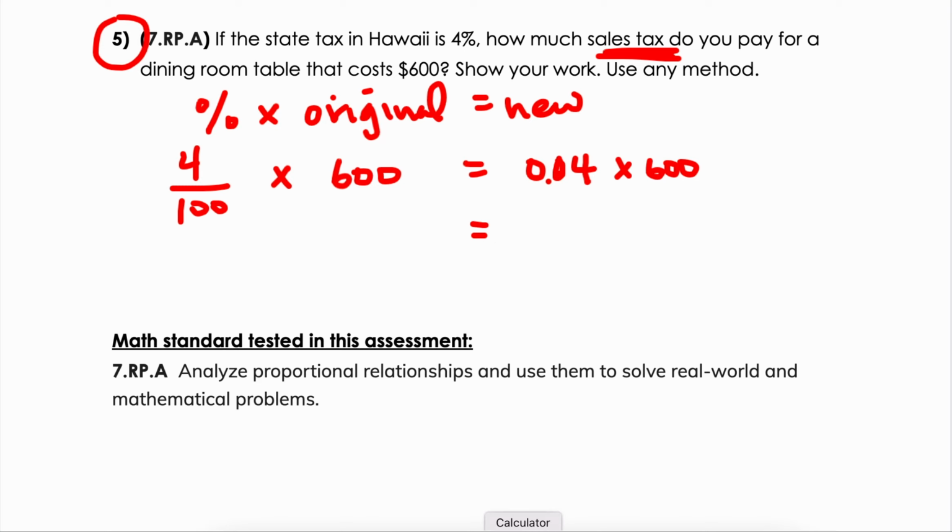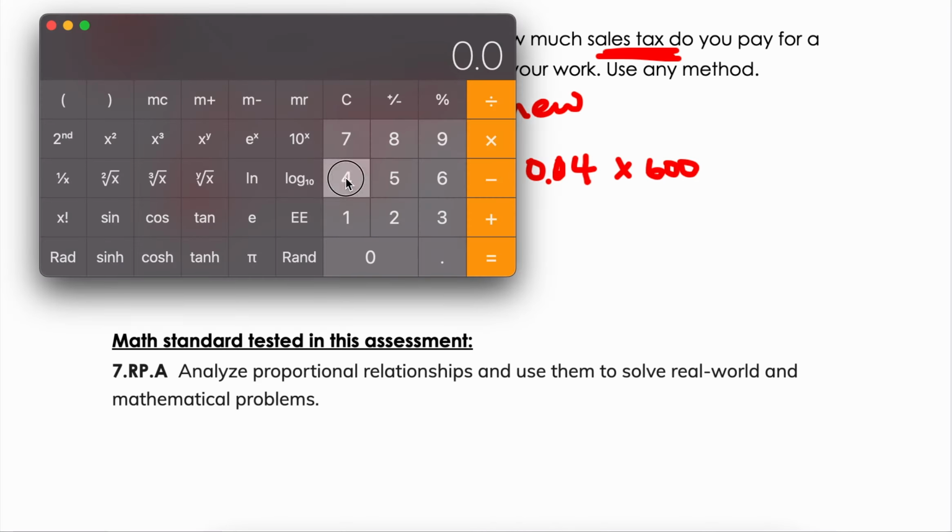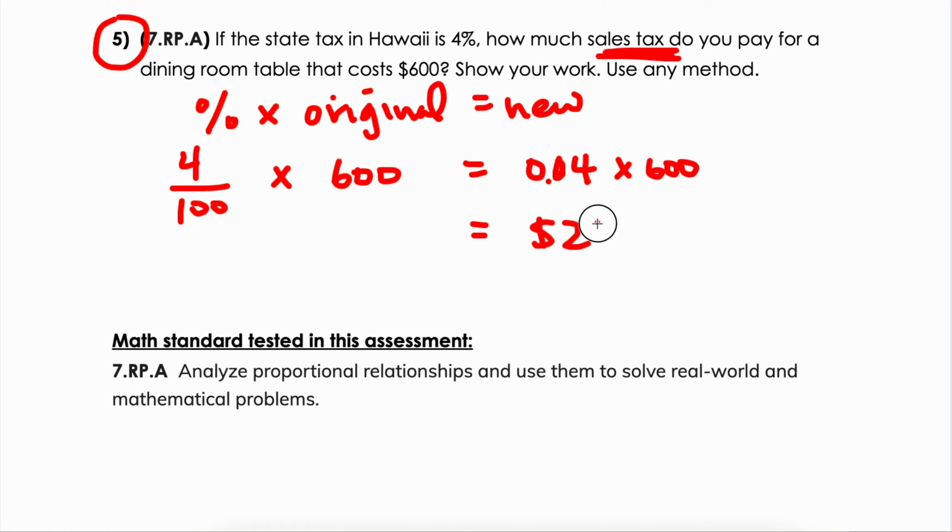So in my calculator, I would punch in 0.04 because that's 4%. 0.4 would be 40%. So I almost wrote that by missing my 0 times 600. So that's $24. So if you were to buy a $600 item, you're paying $24 in taxes in Hawaii.